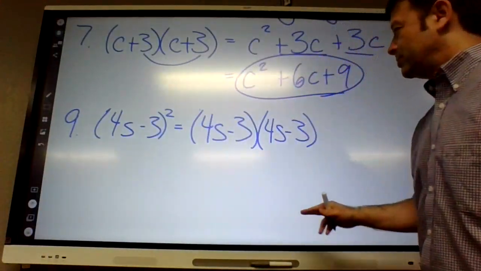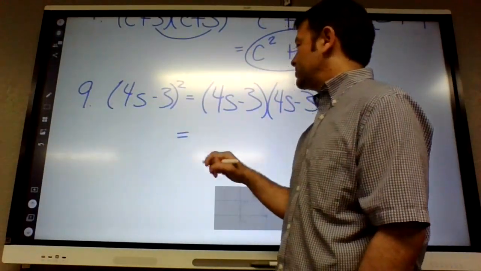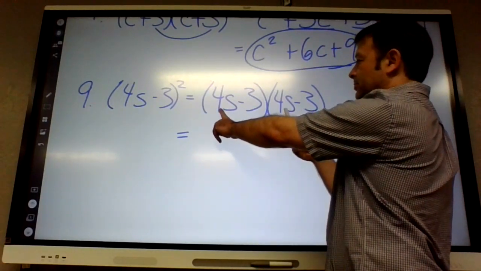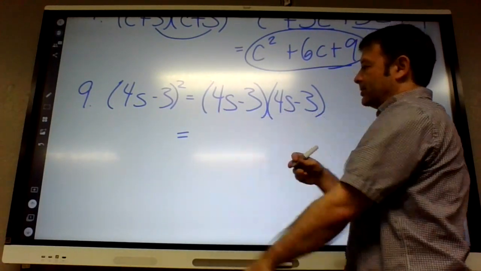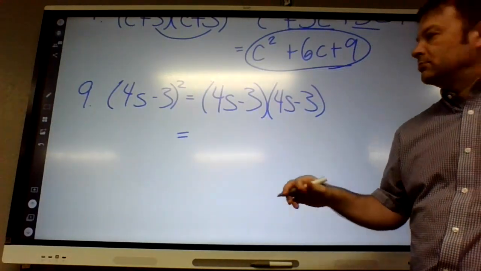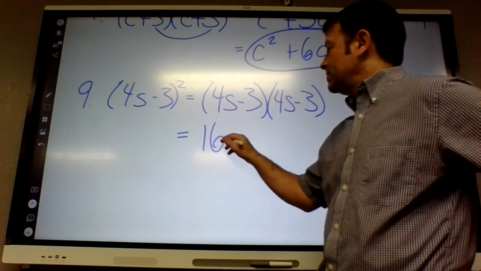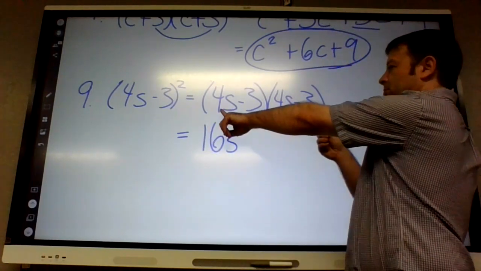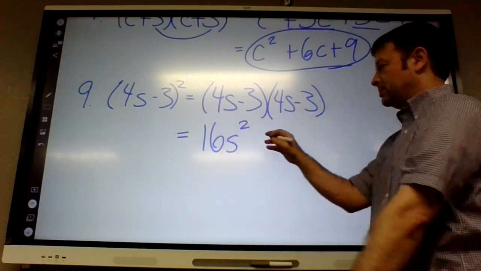So, Issa, what would first be on this one? 4s and 4s. So, what's that come out to? 16s squared. Yep. 16s squared outside, negative 12s.